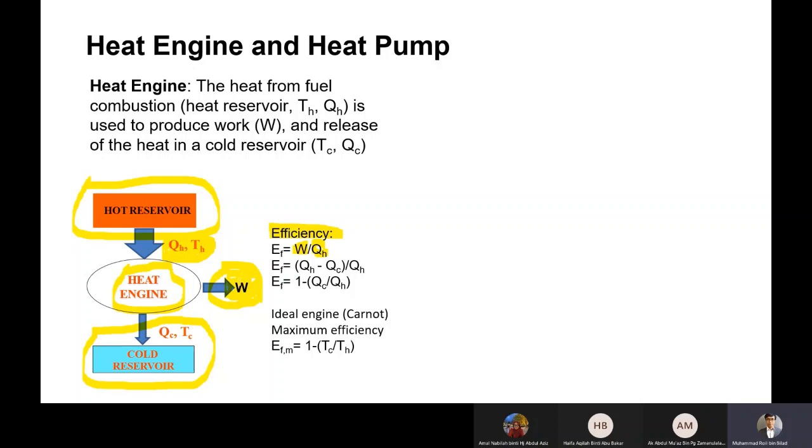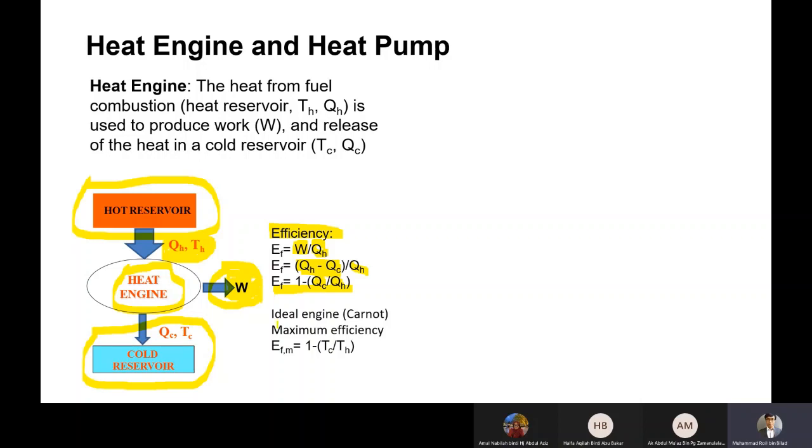So work equals QH minus QC. Then if you divide by QH, we get efficiency equals 1 minus QC over QH. So this is the actual efficiency of a heat engine. We will refer to this in many problems later on.